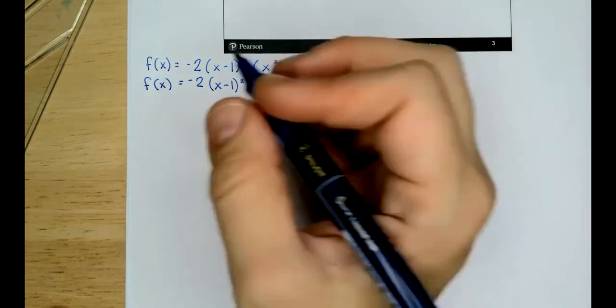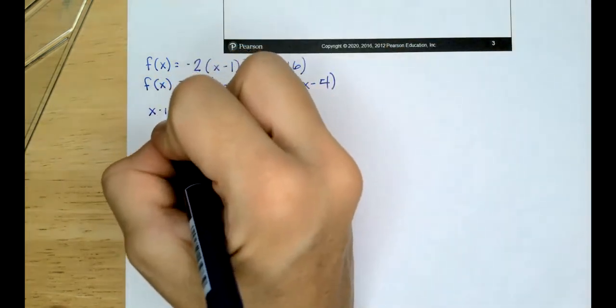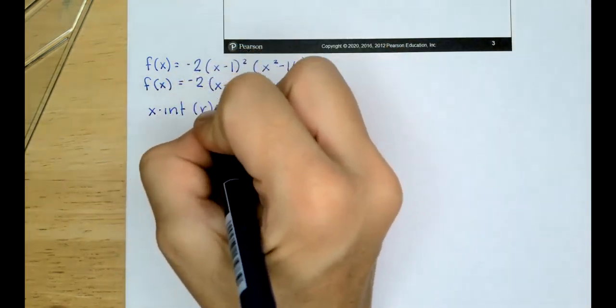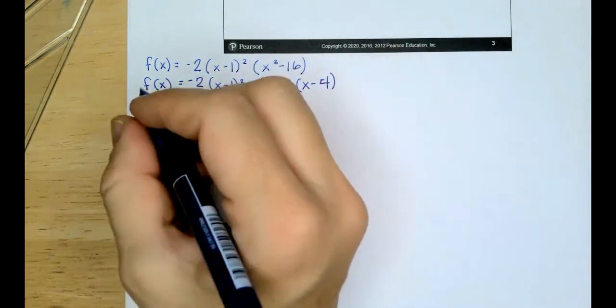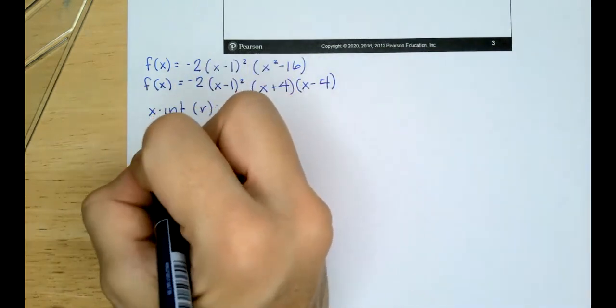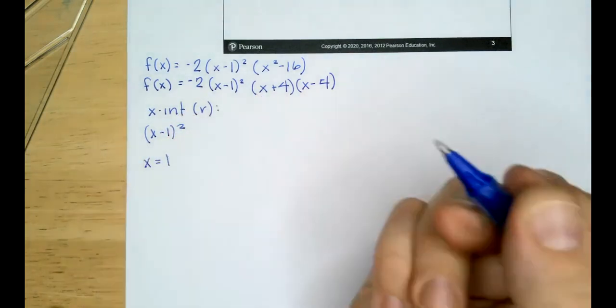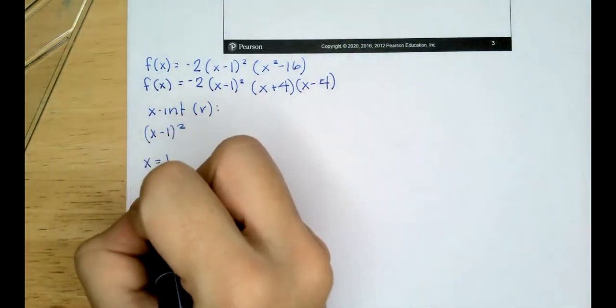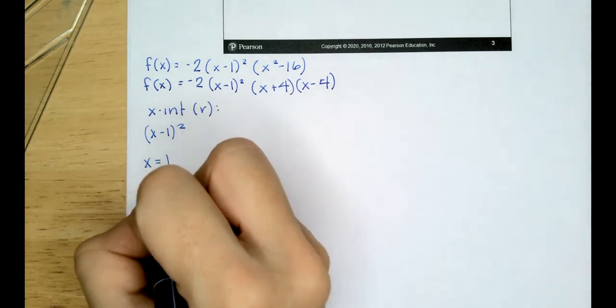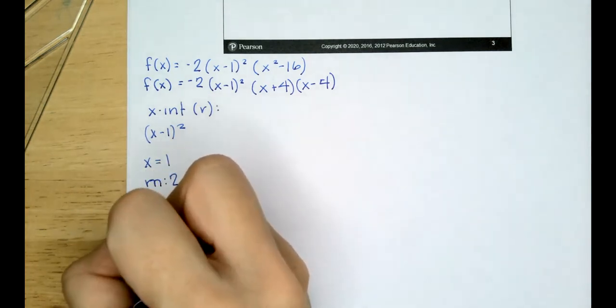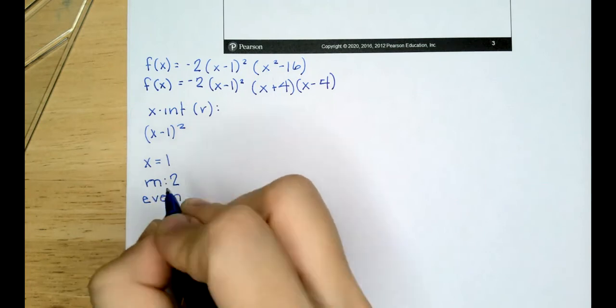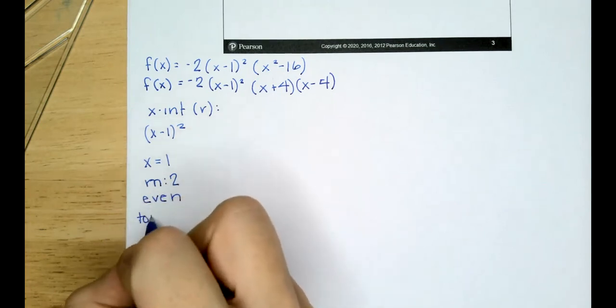Okay, so here are my x-intercepts, or my real zeros. I have (x minus 1) squared. That gives me x is 1 as one of my zeros. Sorry, my multiplicity is 2, that's even. An even multiplicity touches the x-axis.